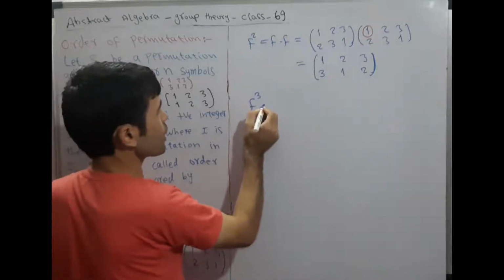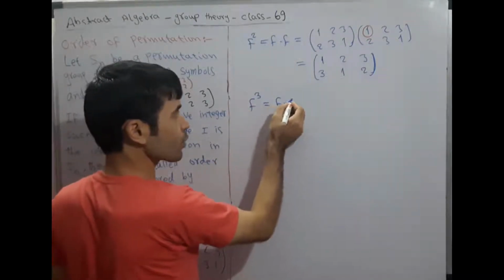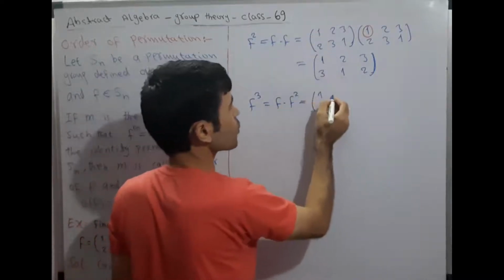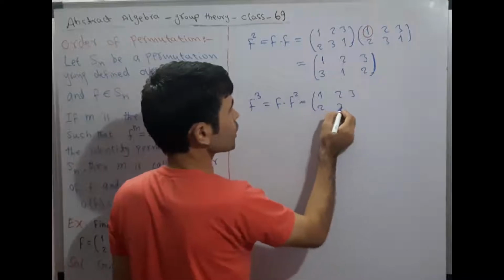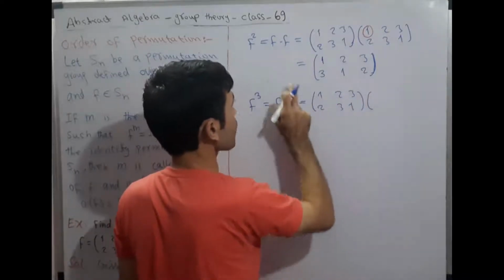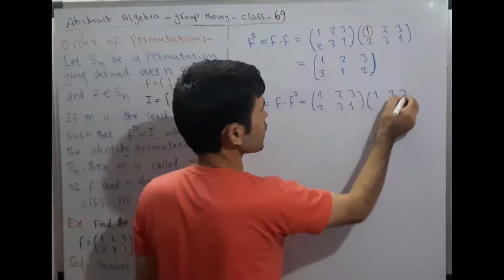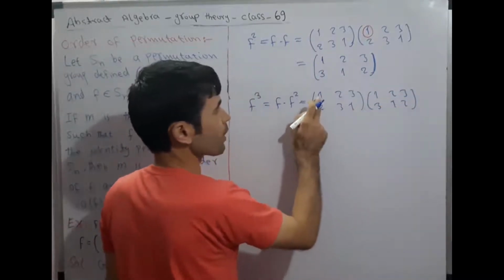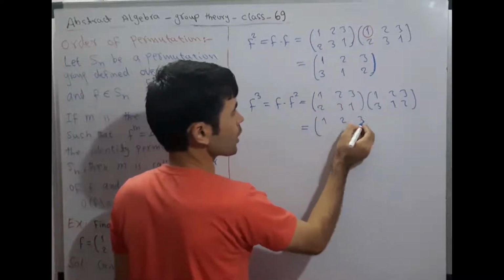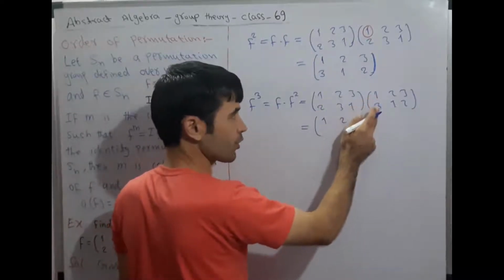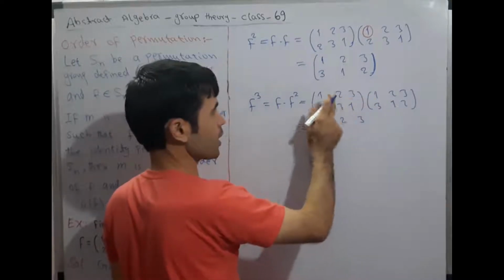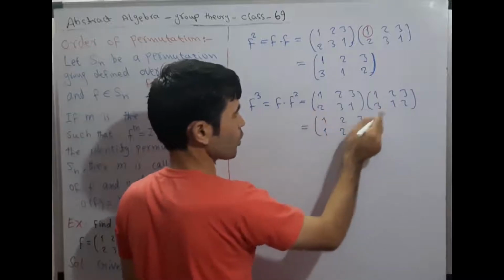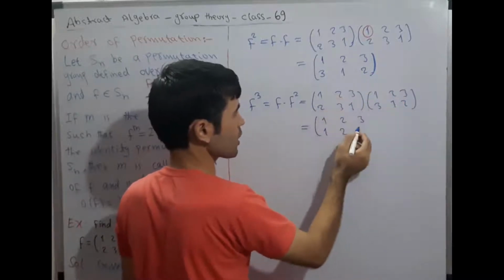f to the power 3 is equal to f into f square. We have 1, 2, 3, 2, 3, 1 into f square, 1, 2, 3, 3, 1, 2. It is equal to, here 1, 2, 3: image of 1 is 3, image of 3 is 1, image of 2 is 1, image of 1 is 2, image of 3 is 2, image of 2 is 3.